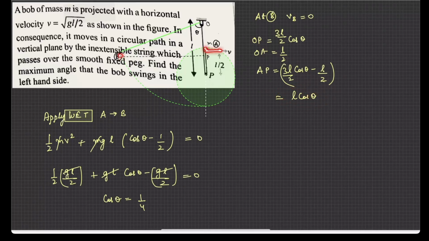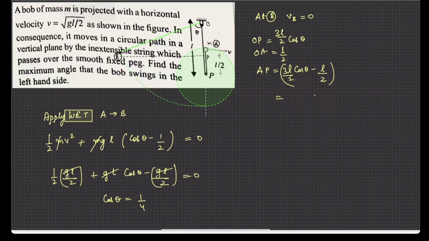तो यहाँ पे मेरी initial kinetic energy is half mv square. ठीक है, यहाँ पे just change the value here. So AP comes out to be L cos theta rather than this. No, it's not L cos theta, just a second.